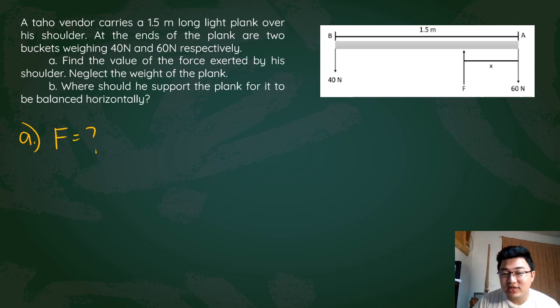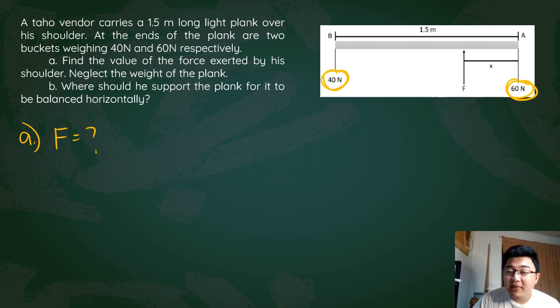If we look at this illustration, these will be our buckets, 40 newtons and 60 newtons, that is carried by a 1.5 meter long plank. Of course, that is the weight of our buckets.